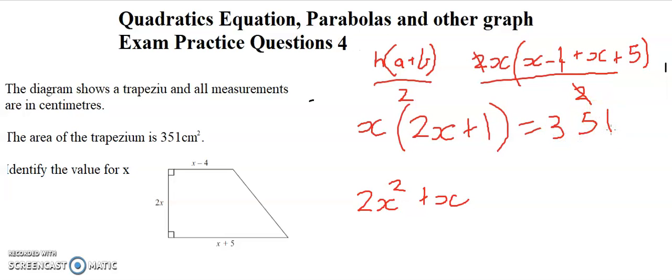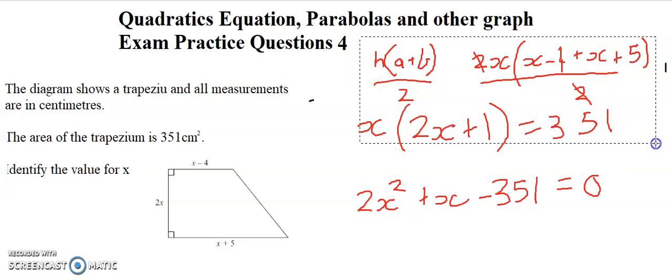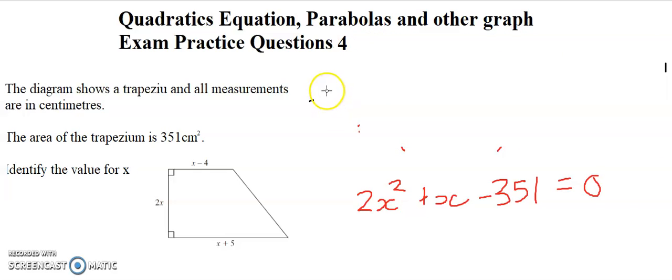To get that 351 onto the other side, we take it away from both sides. And now we have our equation of 2x squared plus x minus 351 equals 0.